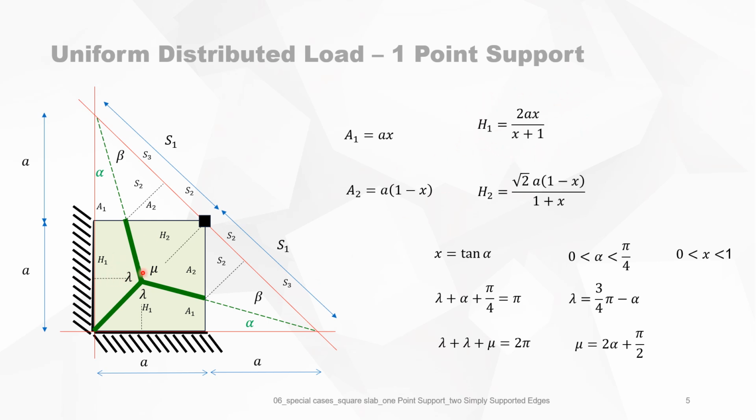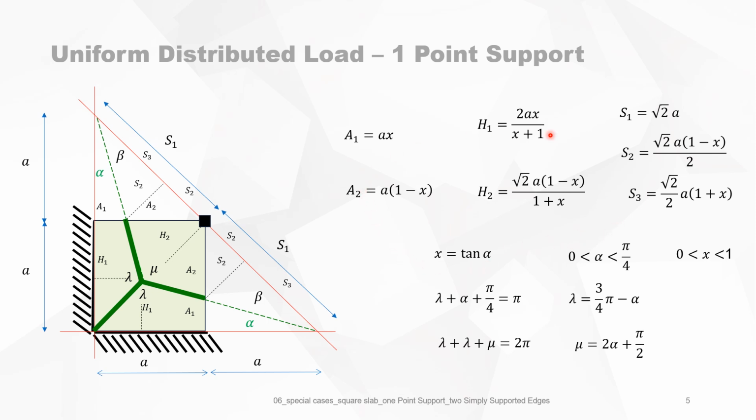We do the same for H2, and we use this large triangle. We use the cotangent rule for it. And S1 we can calculate directly. S1 is, of course, the square root of 2 times a. S2 we can also calculate directly, and the same for S3.